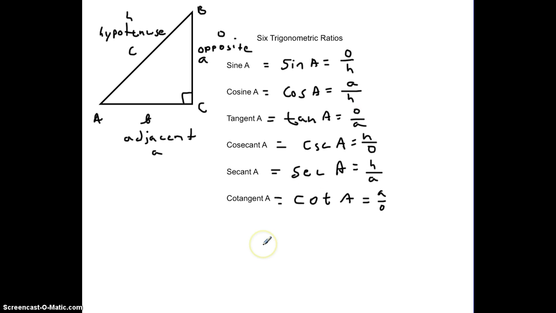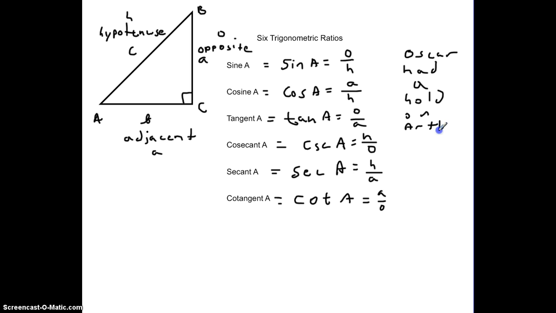And there are some memory tricks that you can use to remember these rules. One of the popular ones is to use a mnemonic, which is Oscar for opposite, and then had for the hypotenuse or the H, A for adjacent side, hold on Arthur.